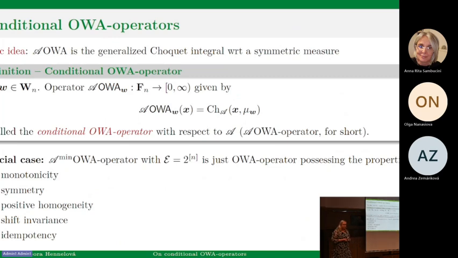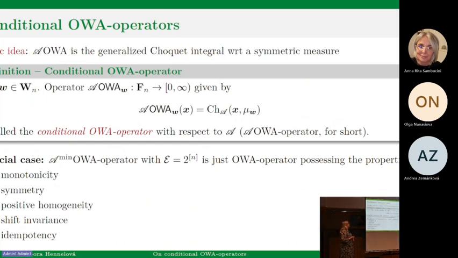So, the conditional OWA operator. Since the standard Choquet integral with respect to a symmetric measure is an OWA operator, the generalized Choquet integral with respect to a symmetric measure can be understood as a new type of OWA operator.